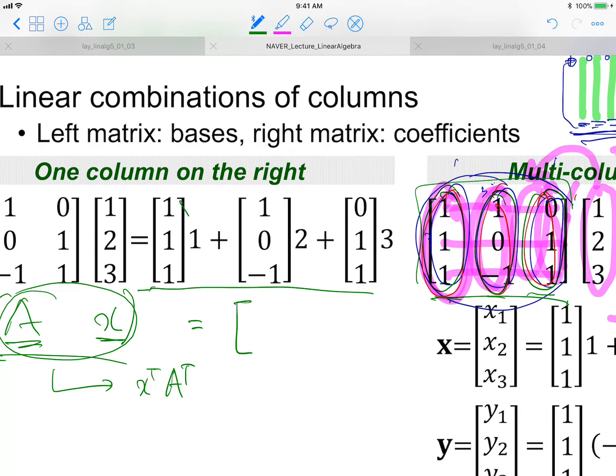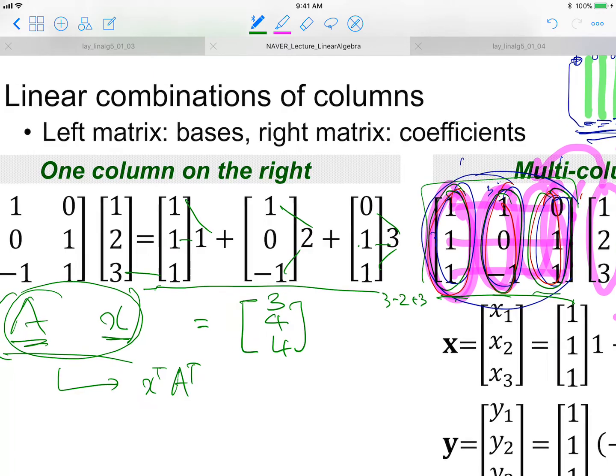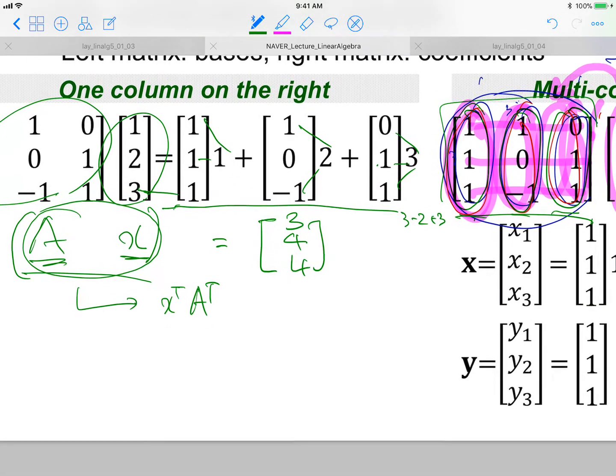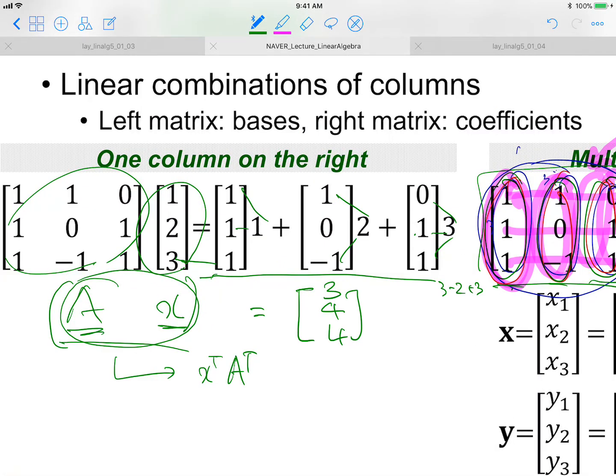Okay, so let's just compute this result. The first entry is 1, 2, 0, and 3, and then 1, 3, and so forth. So it's 3, -2, 4. I just wrote the resulting vector of this matrix vector multiplication. Now we understand what the transpose is, right?